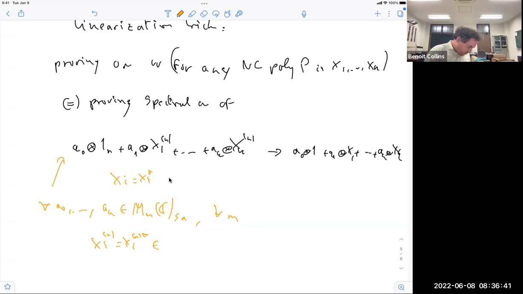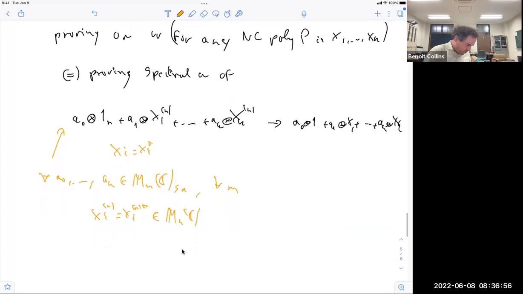To keep things simple, I'm going to assume that this is n-dimensional, and this is the identity of this algebra. Actually, it doesn't have to be n here, but I will keep it like that for now.